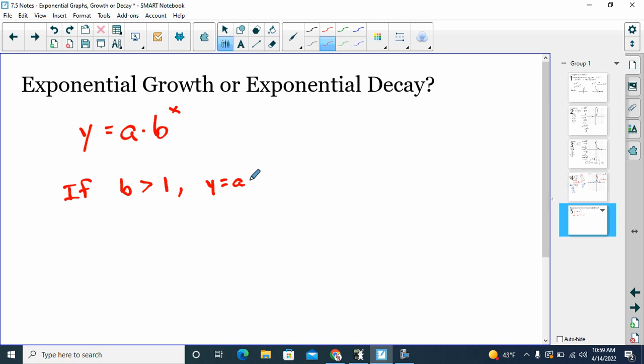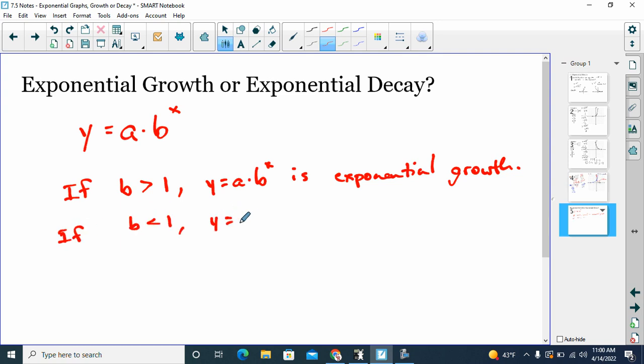Y equals a times b to the x is exponential growth. If that b value is less than 1, then y equals a times b to the x represents exponential decay.